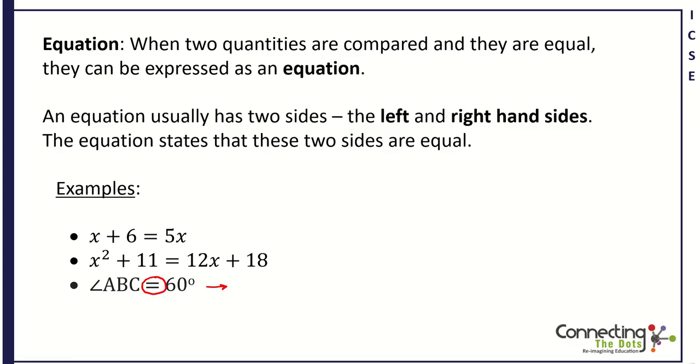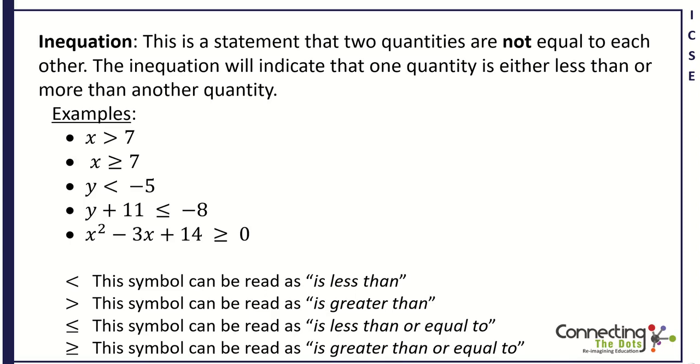So what is an inequation? An inequation is a statement that two quantities are not equal to each other. So the inequation will indicate that one quantity is either less than or more than another quantity. Here are some examples of how an inequation is expressed in mathematics.